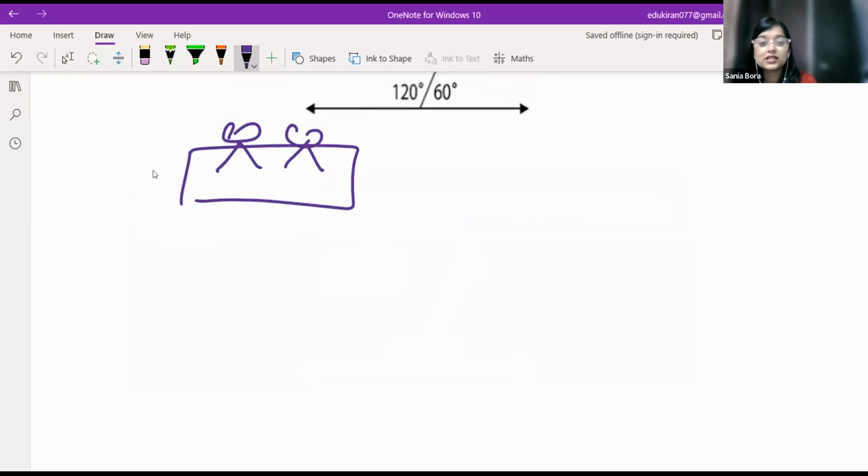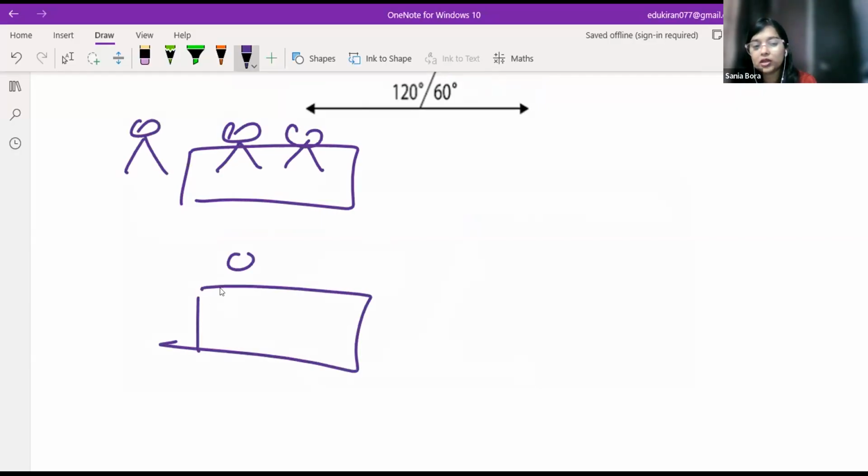But let's say a third person also came. Now what will be the scenario? They need to adjust like this, and now his arm would be touching his arm, because they are trying to adjust. When we adjust, we touch arm to arm.